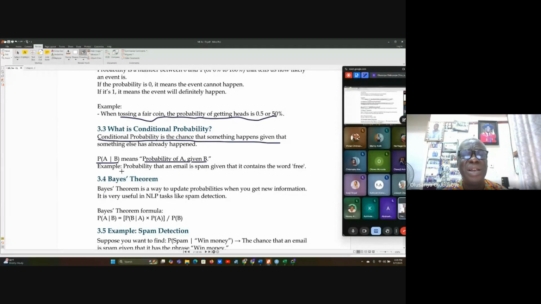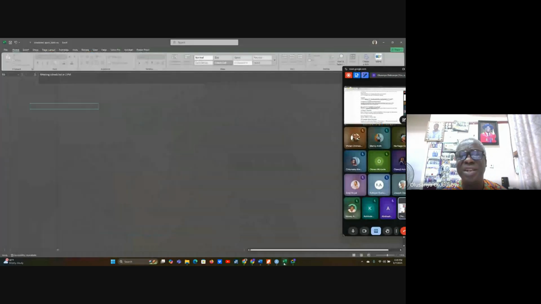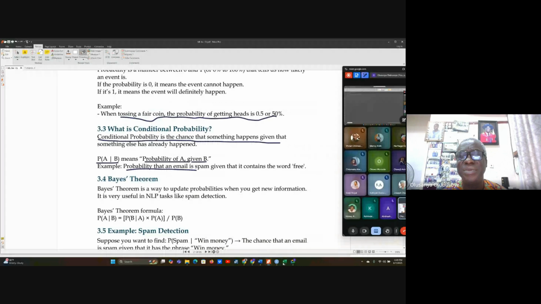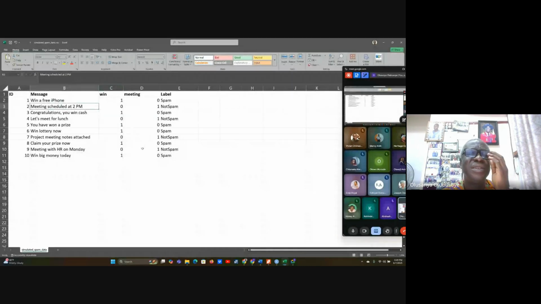So, example: the probability that an email is spam, given that it contains the word free. Let's look at this data very quickly. This is a very simple data.